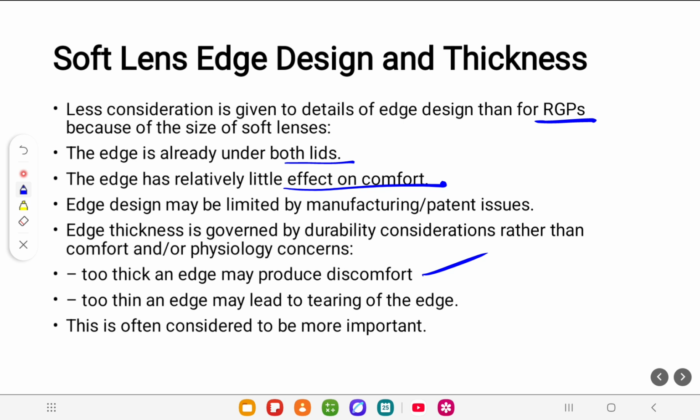Yes, it's very important that you understand that if edge thickness is too thick, then it will surely create discomfort because it will interact with the upper lid, but if it's too thin, it may lead to tearing of the edge, especially when you handle the lens, whenever you rub the lens. Yes, the chances of tearing of the edge are higher.